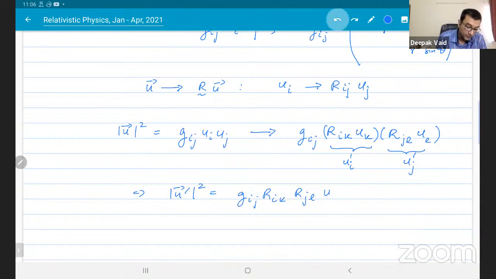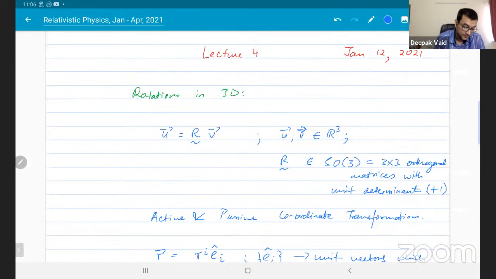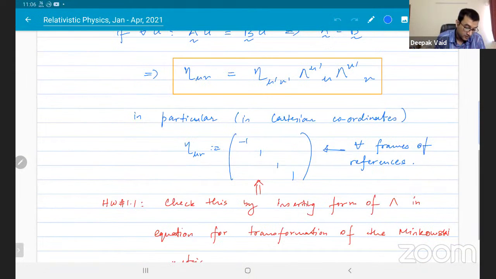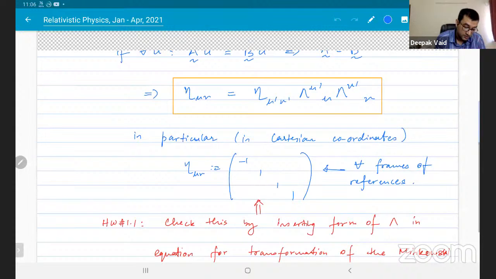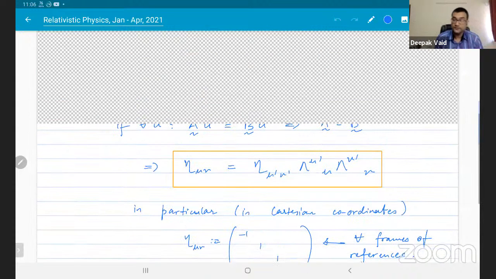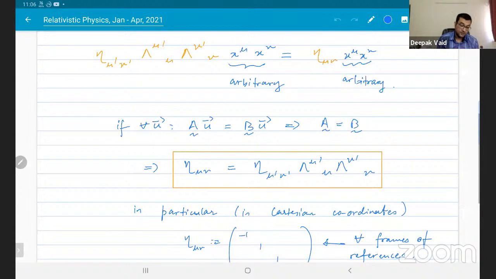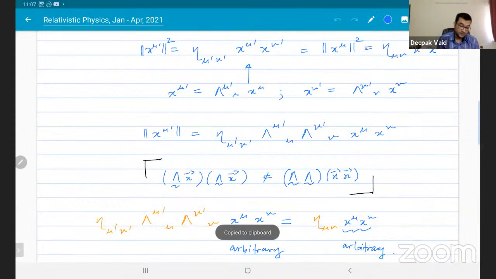Okay, now if you compare this expression to what I had for the Lorentz transformation from the previous session, let me copy this and paste it here.